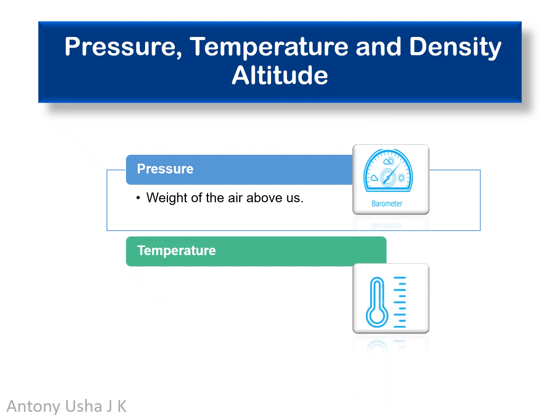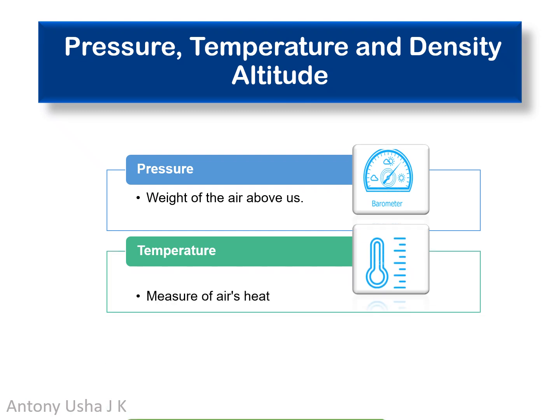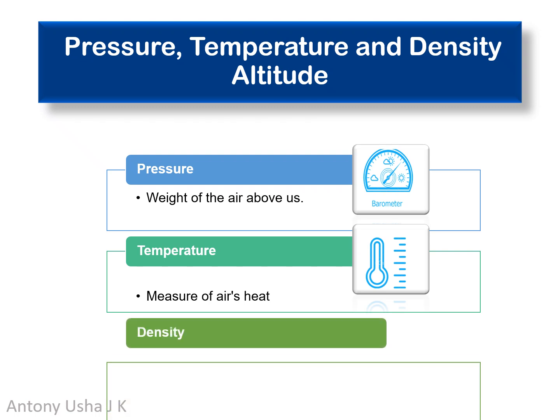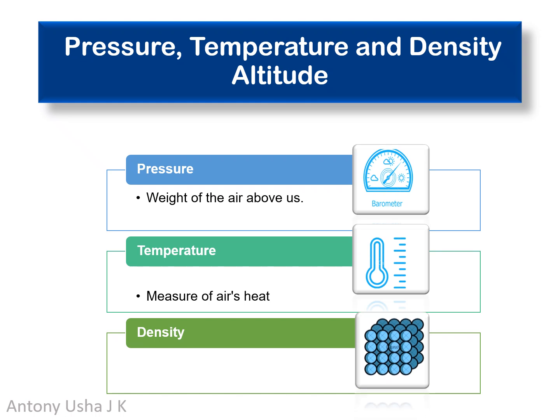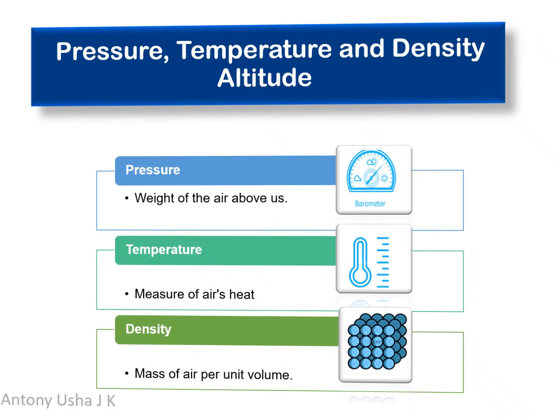Warmer air is less dense and colder air is more dense. Finally, density. This refers to the mass of air per unit volume. Think of it as how thick or thin the air is. It's the most crucial of these parameters for aircraft performance.